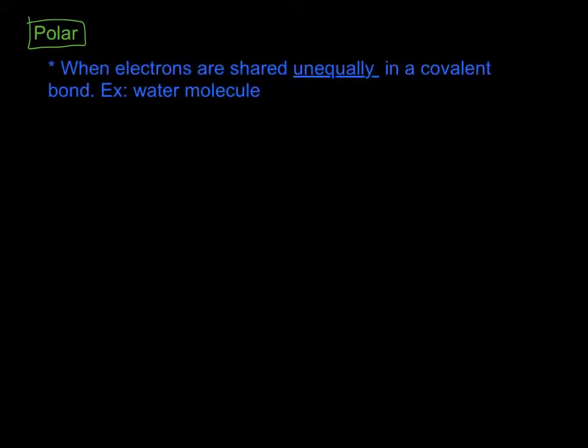And I'm going to type it to make things go faster. So a polar molecule is when electrons are shared unequally in a covalent bond. An example is a water molecule. So let's look at a water molecule.